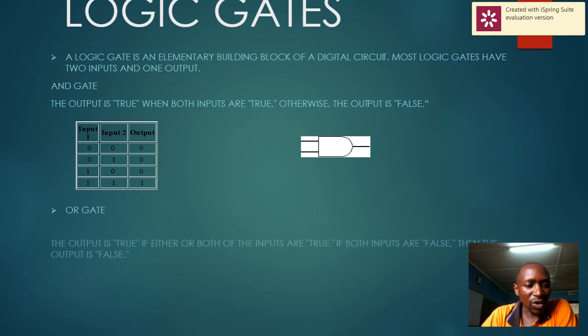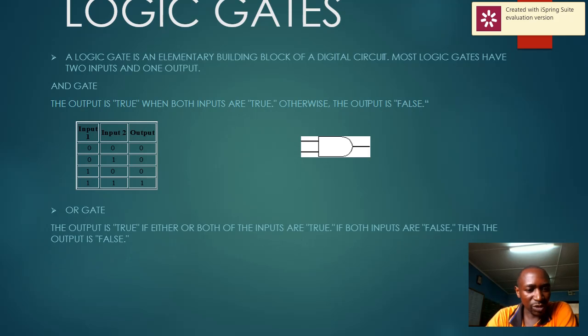The OR gate also has a rule. In this rule, you are saying the output is true if either or both of the inputs are true. I'll read that one again. The output is true if either or both of the inputs are true. If both inputs are false, then the output is false.